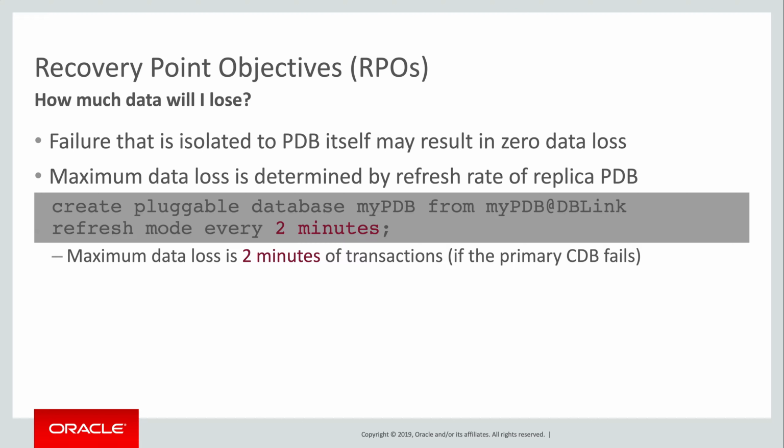For example, if the Refreshable PDB had been created with this statement, create pluggable database myPDB from myPDB at dblink, refresh mode every 2 minutes, the maximum data loss is 2 minutes of transactions. This assumes that the refreshes had been able to keep up with the rate of generation of redo from the source.